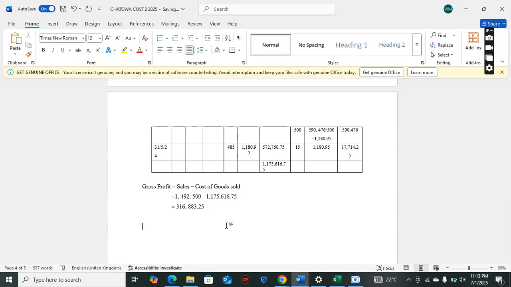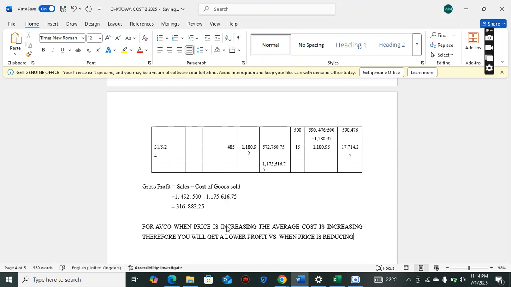So let me write this down. For AVCO, when price is increasing, the average cost is increasing. Therefore, you will get a lower profit versus when price is reduced. In case they try to give you a multiple choice question based on this.